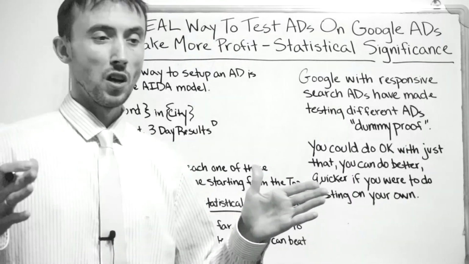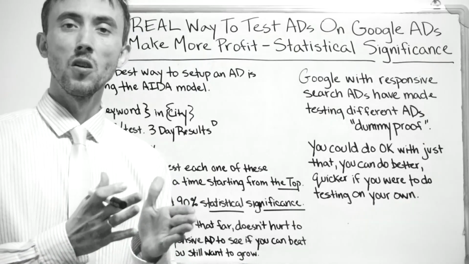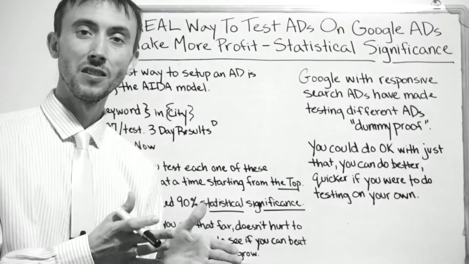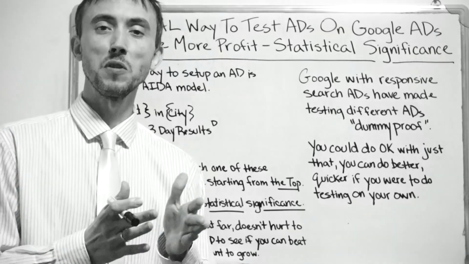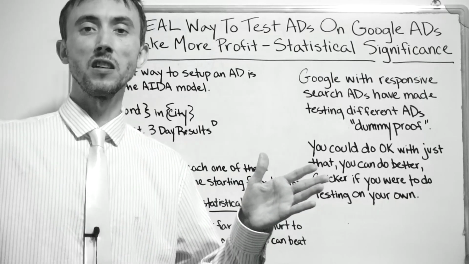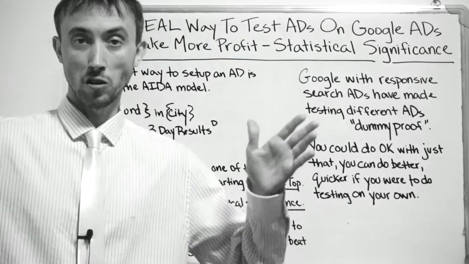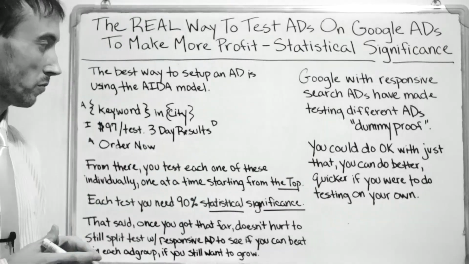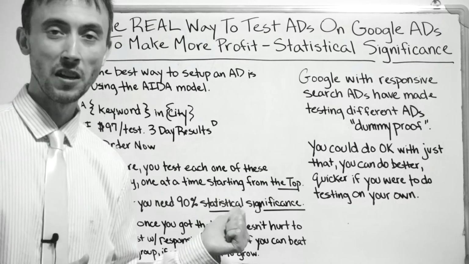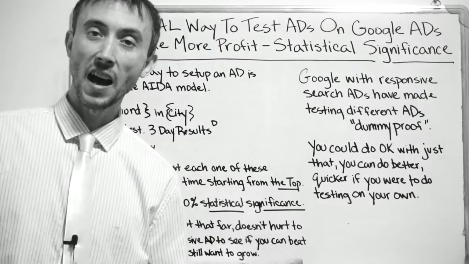In other words, the smaller the amount of clicks you have, the more likely it is that the data showing one thing won over another is not correct. Whereas the more data you have, the more likely your test, as it looks, will be correct long term. So you use the statistical significance calculator to find out if you really have a winner or not.